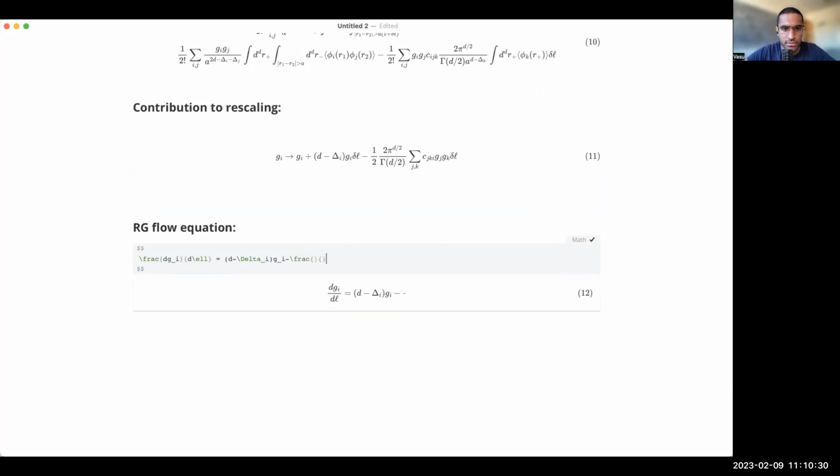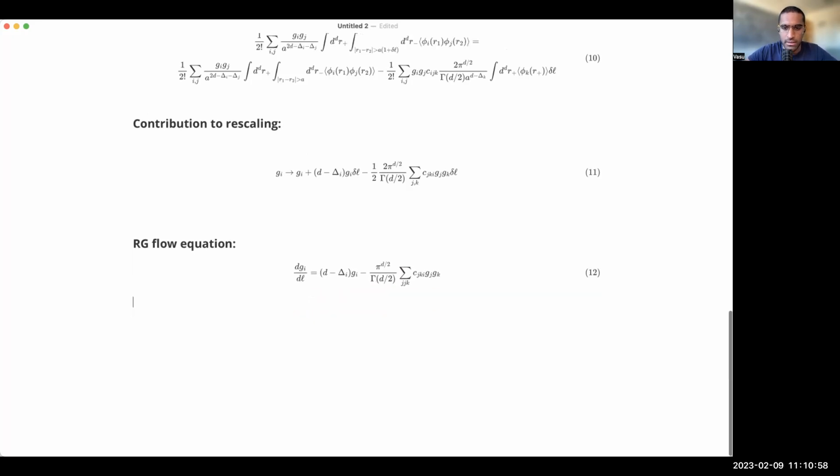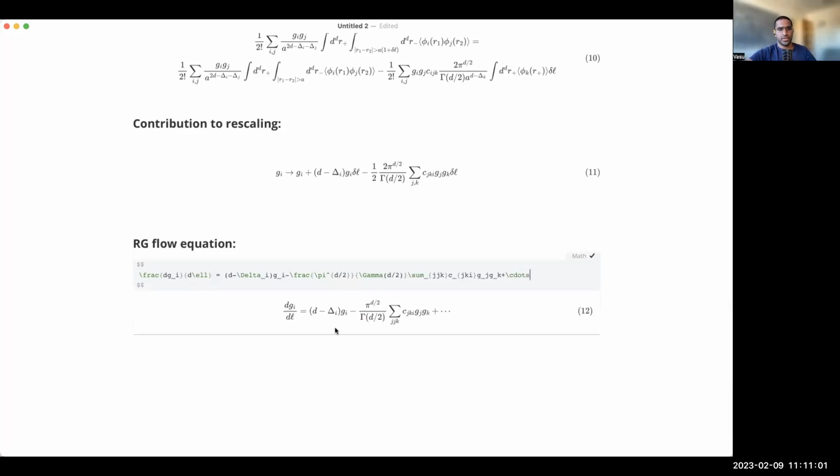Then there's a second contribution, which looks like pi to the power d over 2. So I would trust my factors and signs very little. It's just saying. But basically, the important fact is that at the leading order in conformal perturbation theory, the 3-point function coefficients contribute to the beta function.